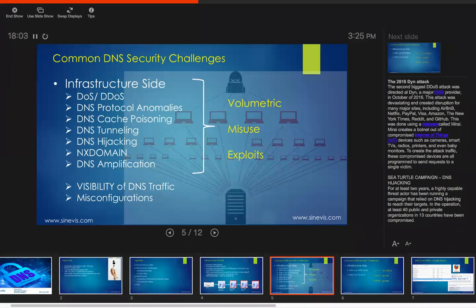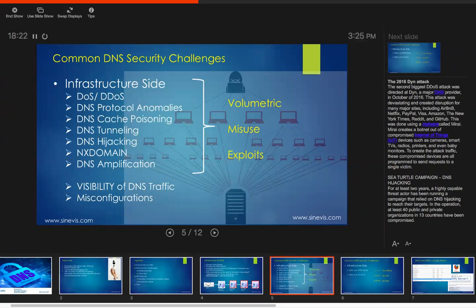So, lack of visibility. If you have a BIND DNS server, an open source DNS server, you don't have a solution in the backend to monitor this on a daily basis: how many queries we are receiving, what malicious types of domains are being queried, whether there's some DNS tunneling there.